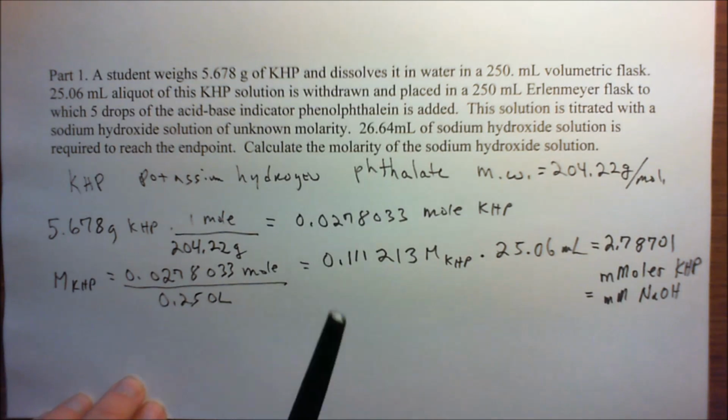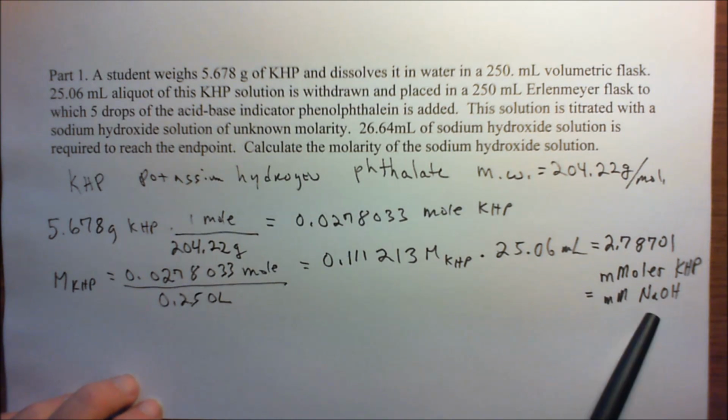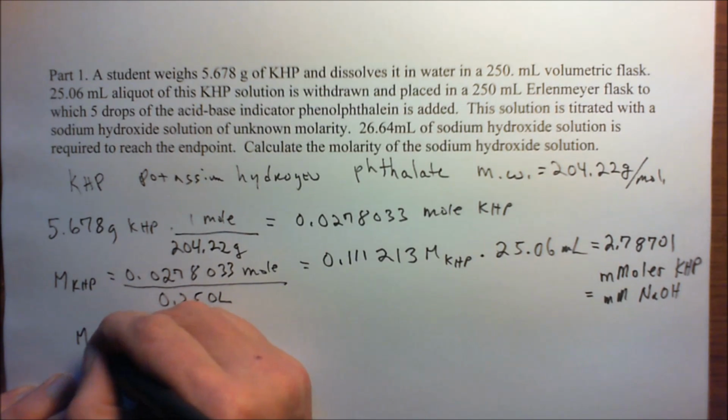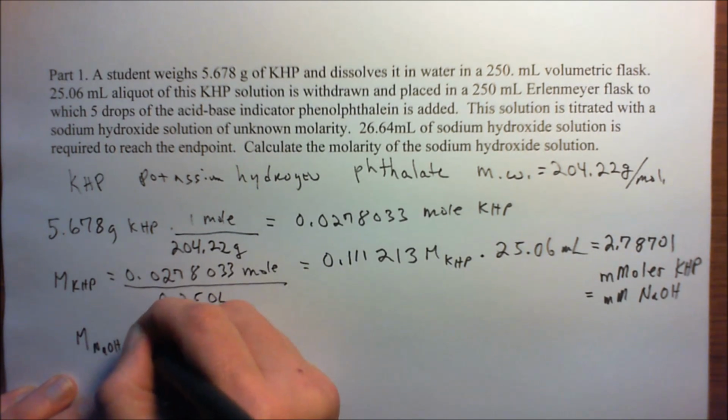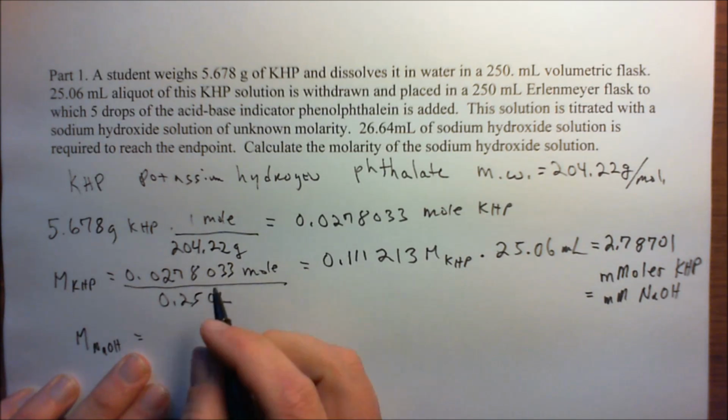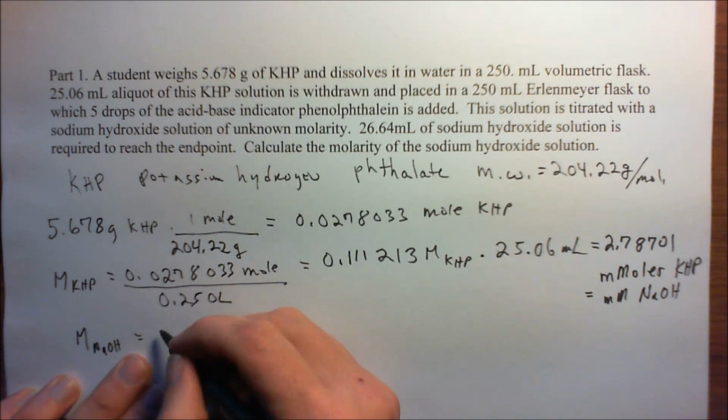We had 26.64 milliliters of this, and since this is millimoles, we can say the molarity of the sodium hydroxide is now this, which is the millimoles divided by the number of milliliters, and that gets rid of our milli.